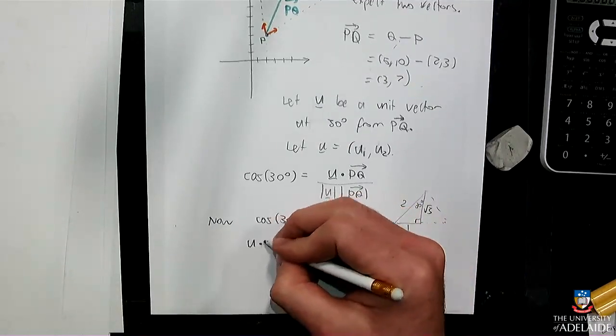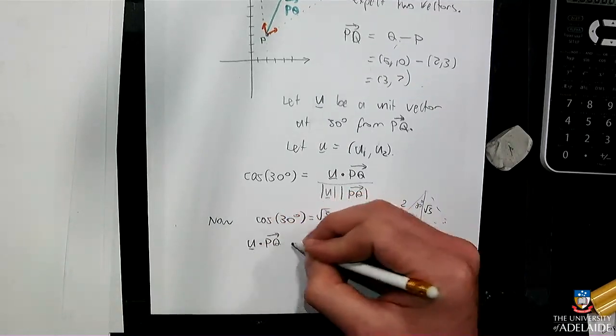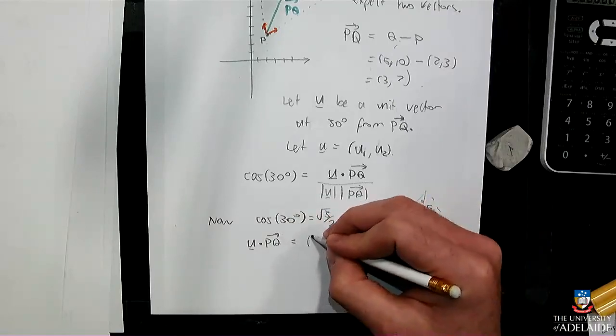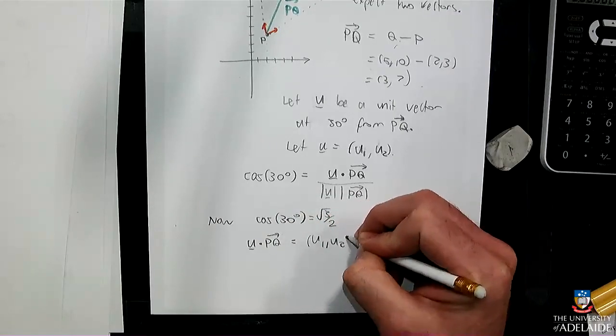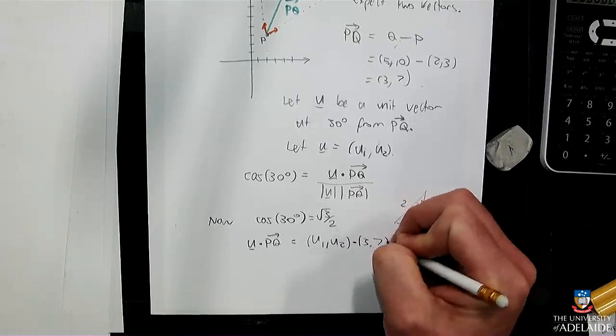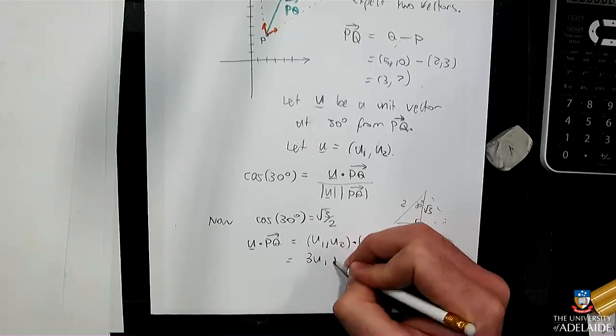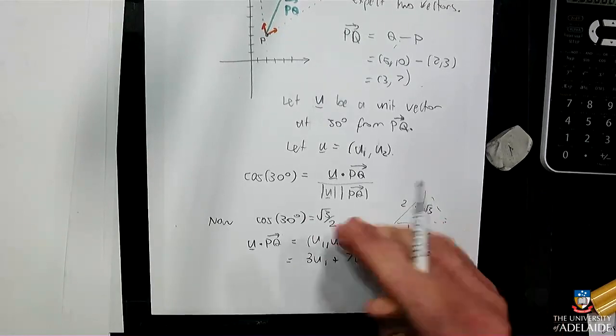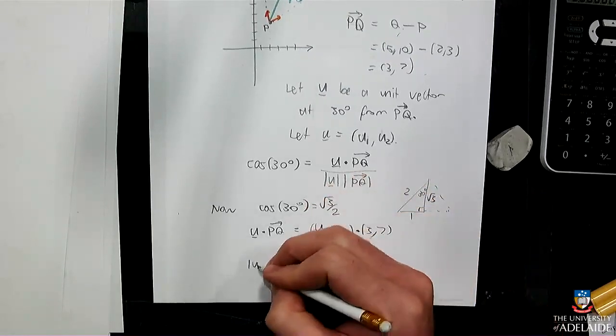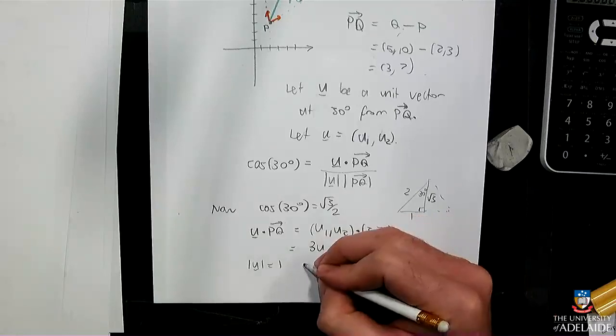U dot PQ is (U1, U2) dot (3, 7), which is 3U1 plus 7U2. Okay. The length of U is 1 since it's a unit vector.